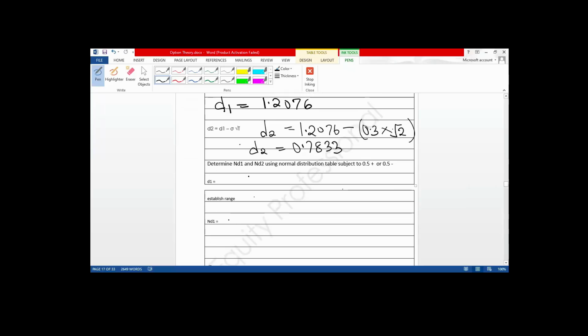Determine N(D1) and N(D2) using normal distribution table, subject to 0.5 plus or 0.5 minus. Pick your D1. D1 is equal to 1.2076.